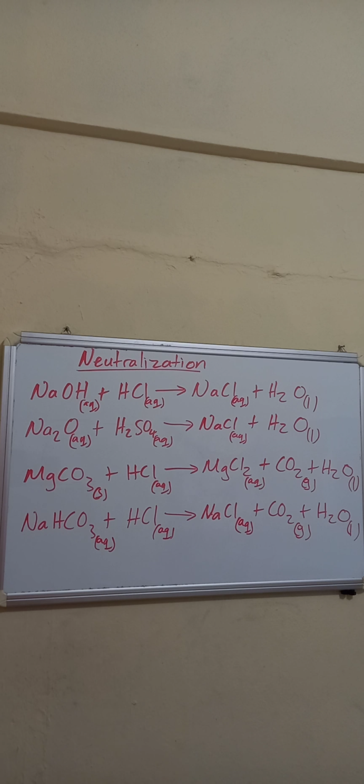Alright, so the next type of reaction is called neutralization. Alright, and this takes place with an acid. So when you do the topic acids, bases, and salts, we will look at that in detail. So to identify an acid, basically, once you have a hydrogen ion attached to a negative ion, that is how you would identify the acid.